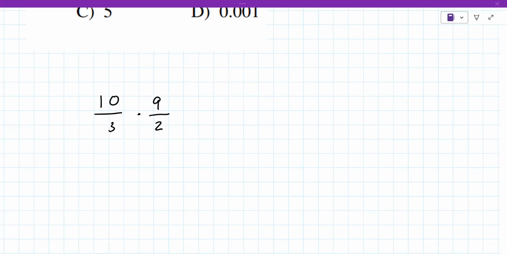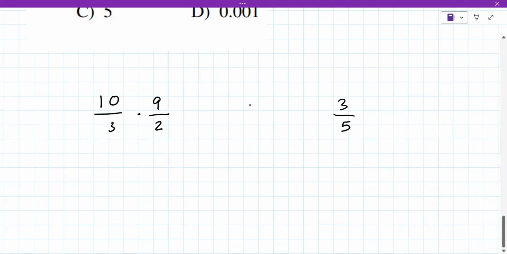Divide 9 and 3 each by 3, they become 3 and 1. Then divide 10 and 2 each by 2, it's 5 and 1. Multiply, and so then it would become 5 times 3 over 1. So this is your final answer, is that right?